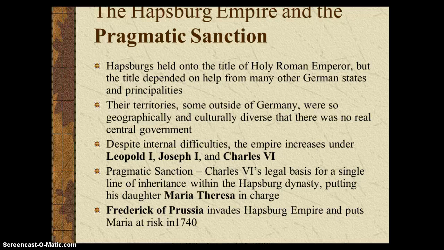Problem: female ruler, male parliament are not going to be in favor of this after his death because they don't have to answer to him anymore. So Frederick of Prussia invades the Habsburg Empire and puts Maria at risk in 1740. So as soon as she comes into power, all the other European countries force the issue by pushing against the country and seeing to test her strength.